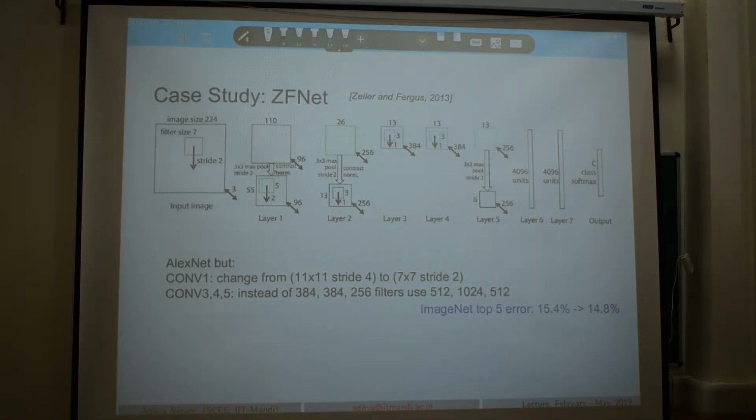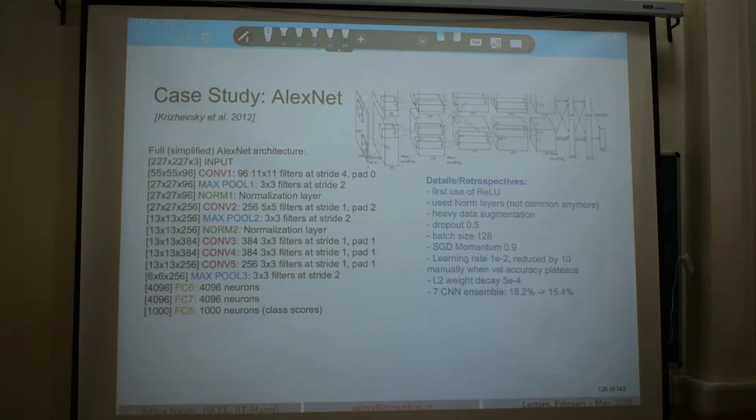If I show you the AlexNet diagram, you may wonder that there are two things being shown, something here, something there. Actually, it was not possible for them in 2012 to implement this AlexNet as a single thing, so they divided it into two parts. Part 1 runs on GPU 1, part 2 runs on GPU 2, and whatever you get after each layer is merged and combined after each layer.